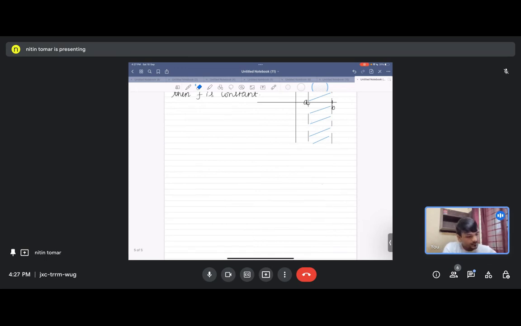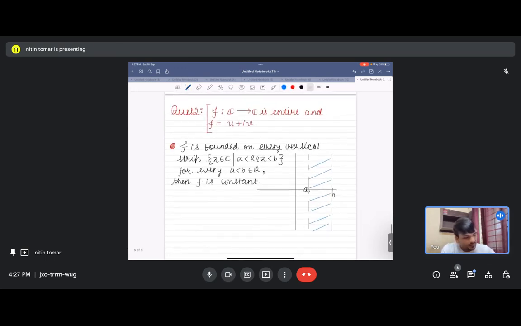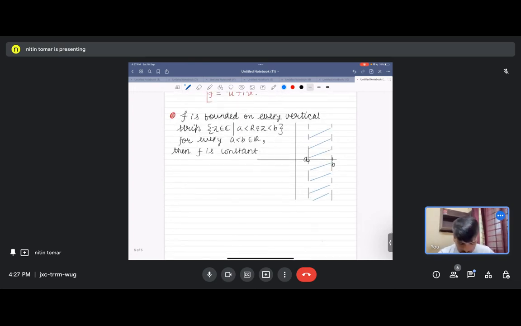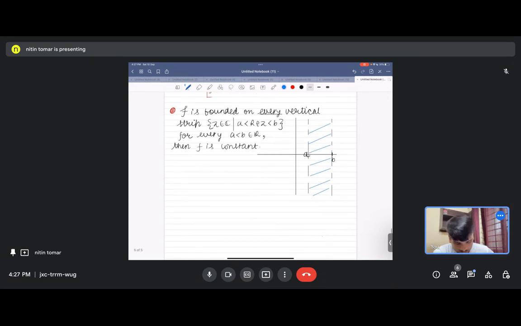So again, some information about the real part is given, right? So what should we do? If we want to conclude that it is a constant function, then we know Liouville's theorem is one thing.